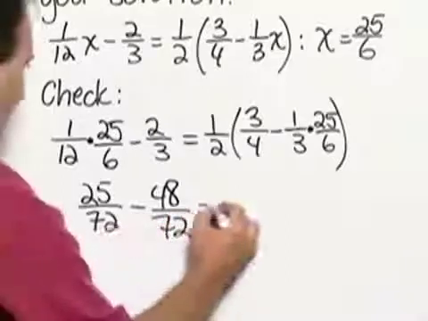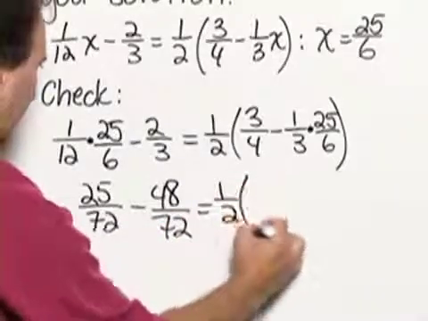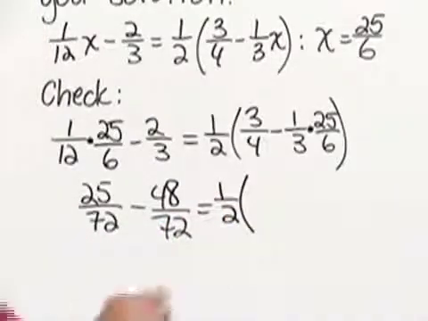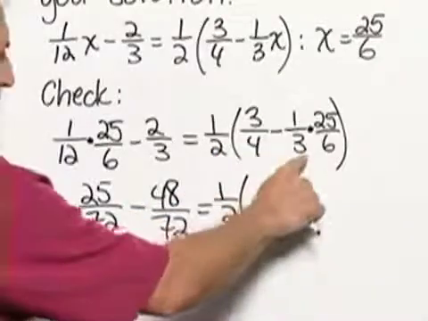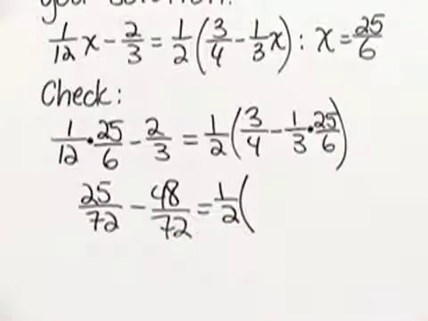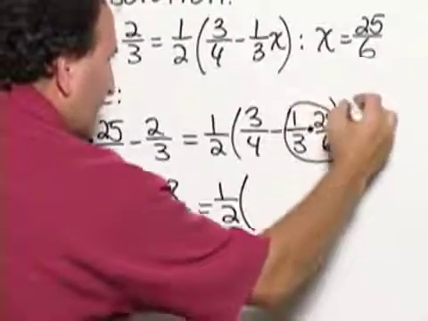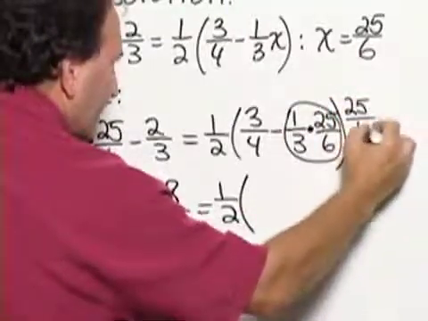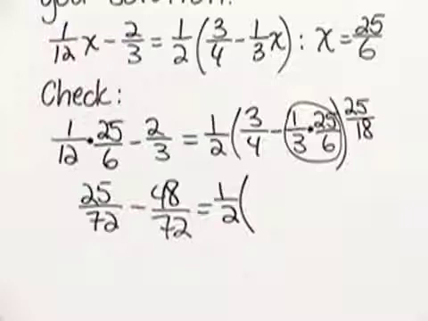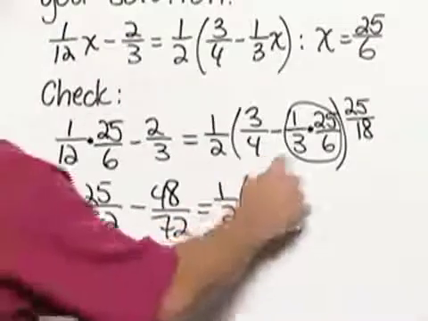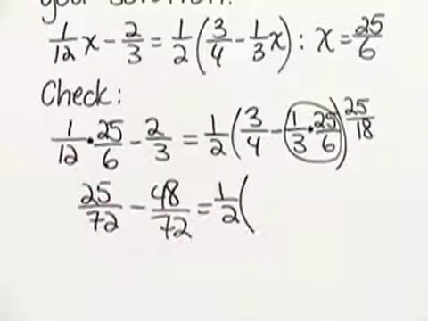On the right-hand side, we have the 1/2, and then in the parentheses, I'm going to wait before I write this because when I multiply, I'm going to have 18 in the denominator. In other words, this part here is 25/18. To find the common denominator between 4 and 18, it would be 36.